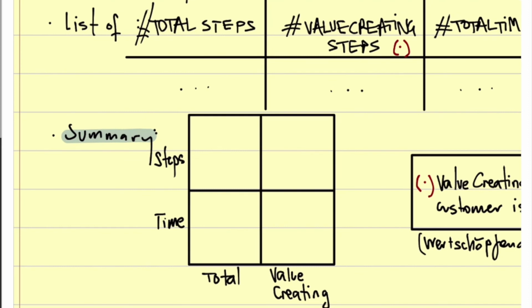So for our example here, the summary can be found on page 17. We have a total number of steps of 73, and 8 of them are value creating.